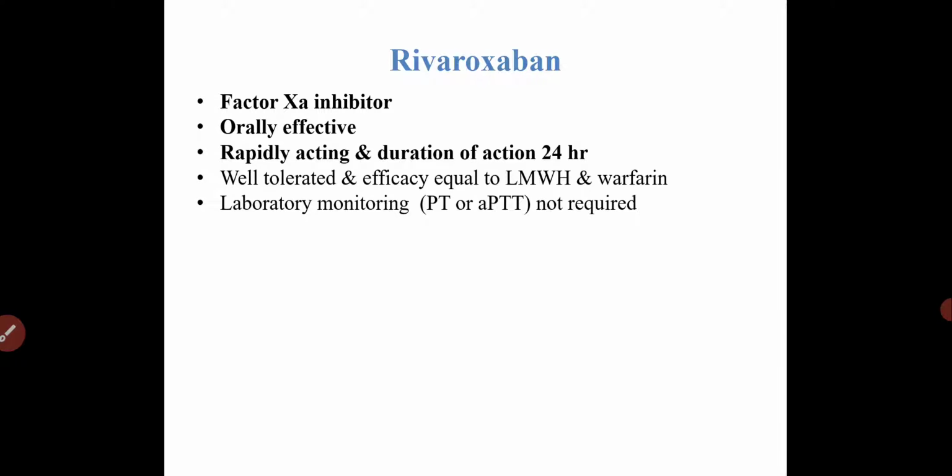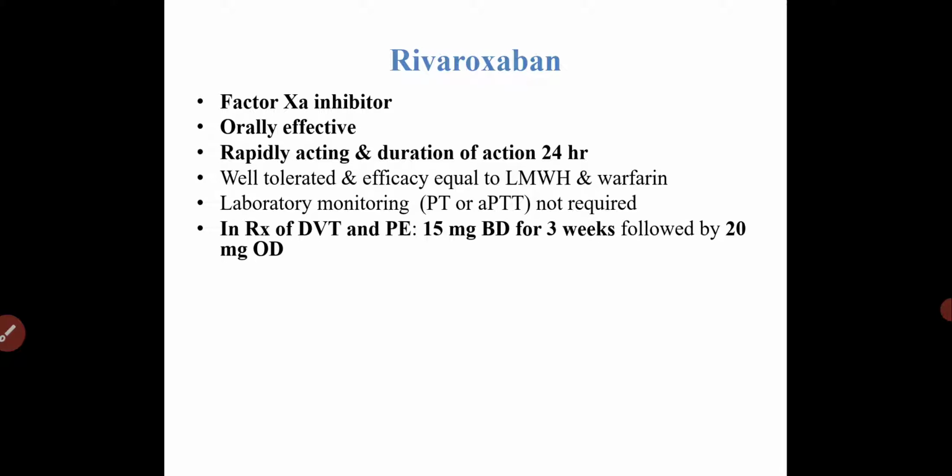Earlier we saw it is equally effective and well tolerated compared to low molecular weight heparin and warfarin. No laboratory monitoring is required in dabigatran and rivaroxaban. If we see the dose, in the treatment of deep vein thrombosis and pulmonary embolism, there is 15 milligram two times a day for 3 weeks, and then ultimately 20 milligram OD.